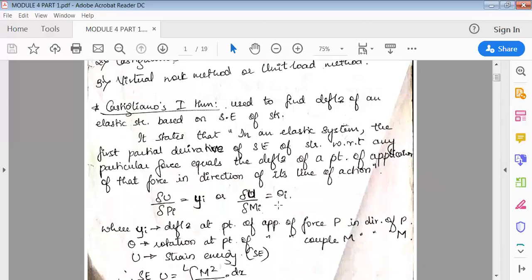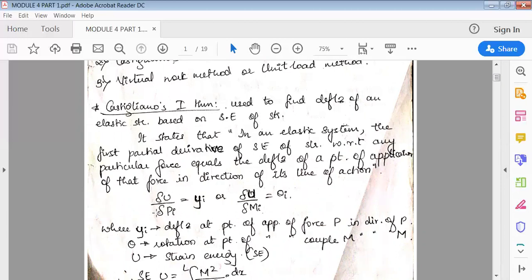In the first theorem, what is explained is about strain energy. Strain energy is the internal energy stored in the member. When external forces act, to stop that external force the structure will have an internal energy, which is the strain energy.